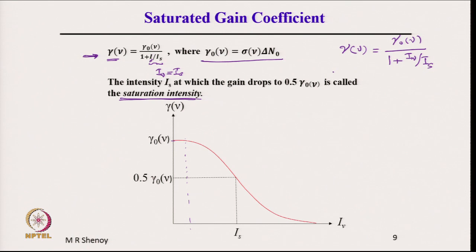This expression is called the saturated gain coefficient, and gamma 0 here is called the small signal gain coefficient. Saturated gain coefficient does not mean it is one value; its value will depend on the intensity I nu. I s is constant for a given medium at a given pumping power. So, this is the expression for the saturated gain coefficient.